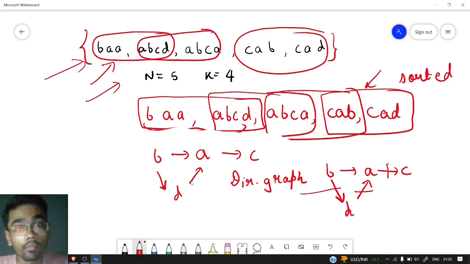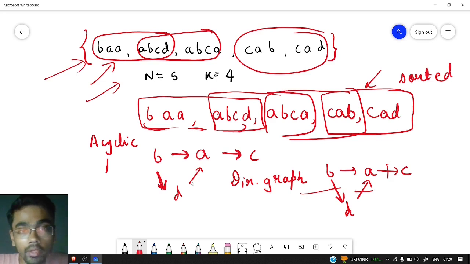Now there is something special about this directed graph, that this is not only directed but it is also acyclic. What does acyclic mean? Acyclic means that a graph should not contain any cycle. Now if you see that B is pointing to A is pointing to C, so till now we don't have any cycle.